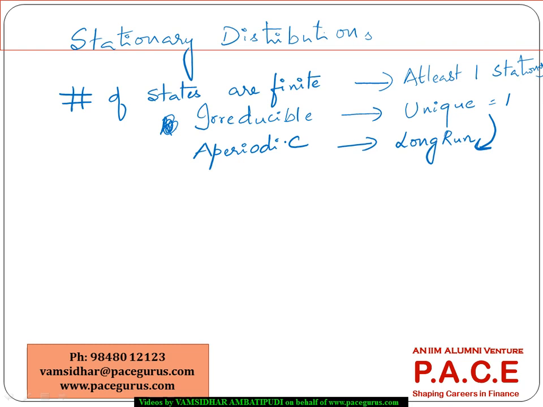Right? So generally, now comes the bigger problem: how do I find the PIJs, so that they can be used for finding the stationary distributions and all that?